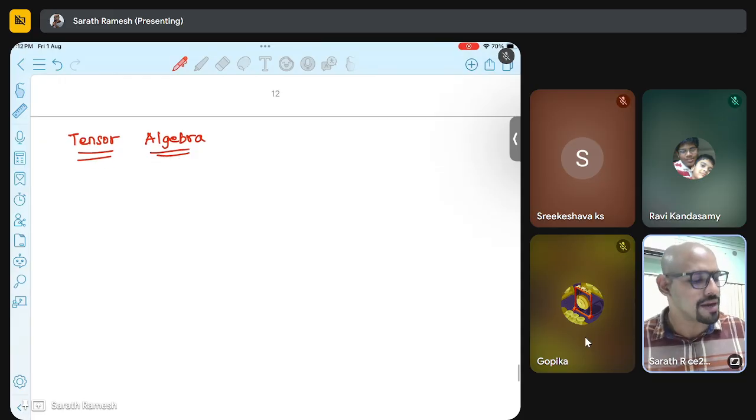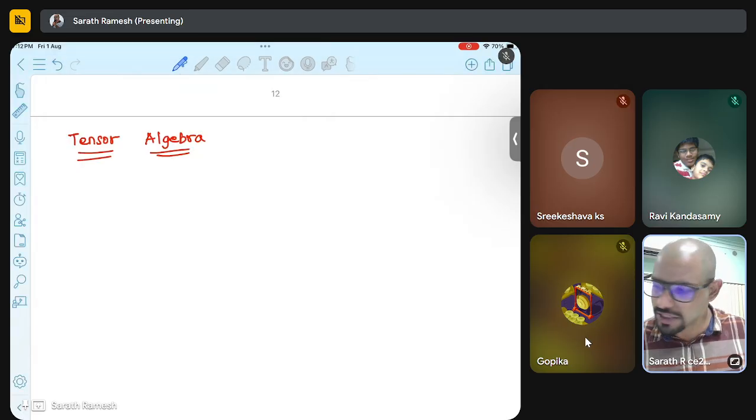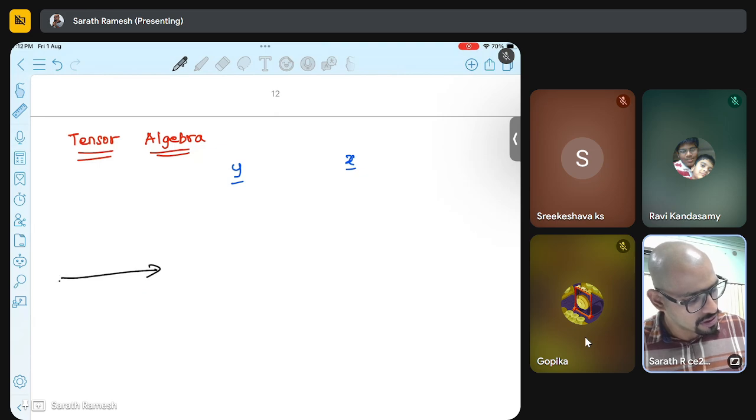So, what do we mean by a tensor? Suppose we have a vector x in this Cartesian coordinate system, with ex, ey, and ez.